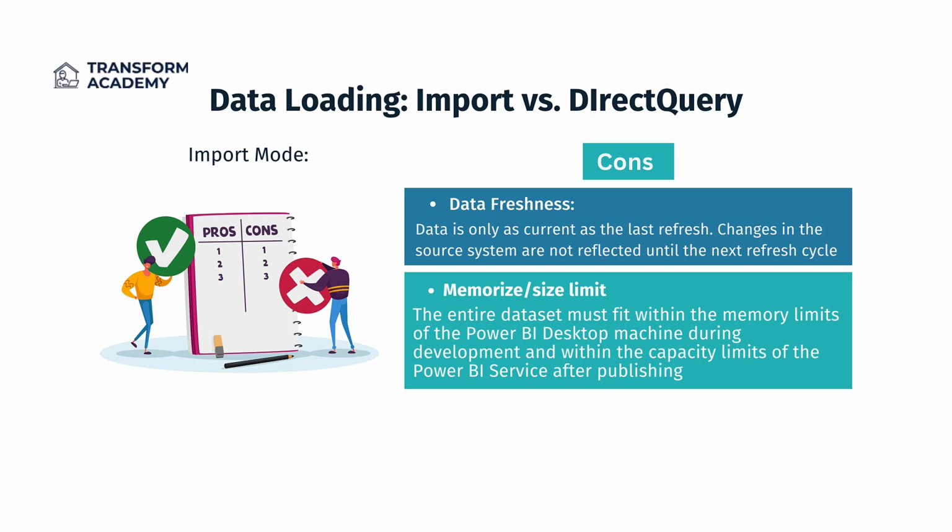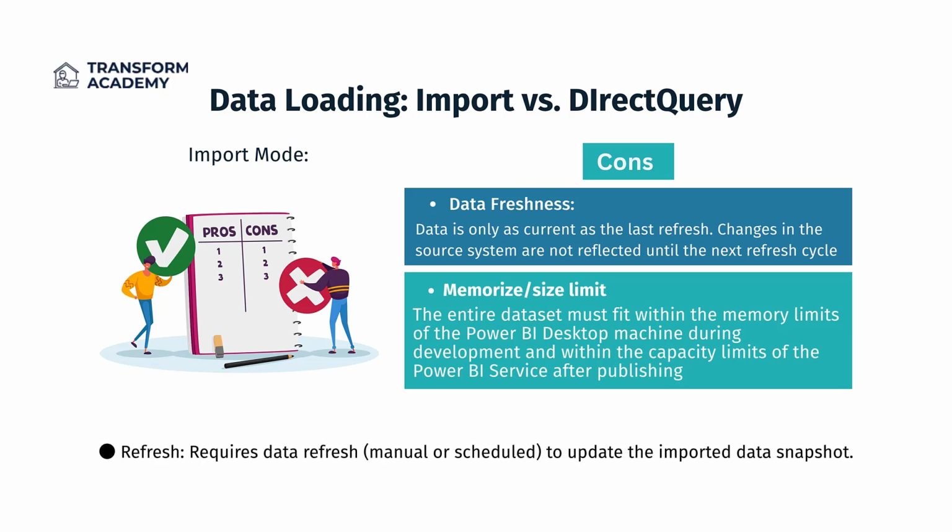The entire dataset must fit within the memory limits of the Power BI Desktop machine during development, and within the capacity limits of the Power BI service after publication. File sizes can become large. Refresh. Requires data refresh, manual or scheduled, to update the imported data snapshots.